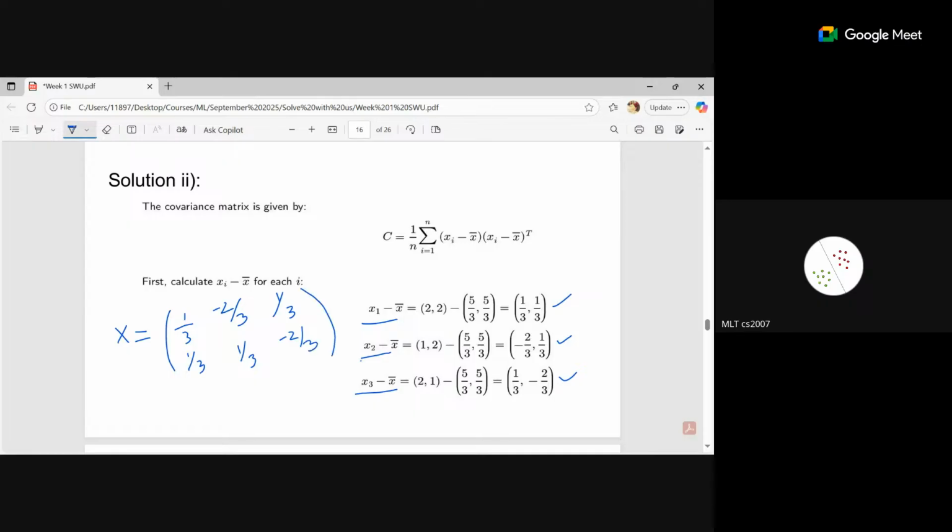All right, so this is my x. Now, if you take the transpose of this, you are going to get a 3 x 2 matrix, right? And you calculate after that XX transpose. Once you do that, you just divide it by n, and that is going to be your final covariance matrix C.